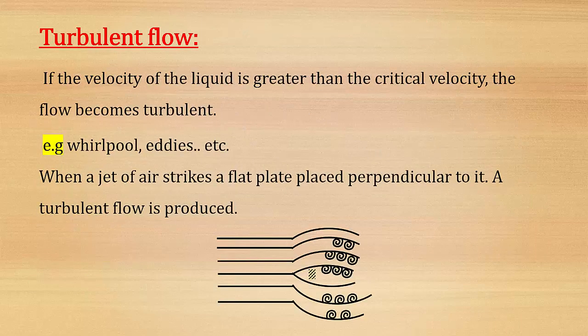Now come to the second type of hydrodynamics, that is turbulent flow. If the velocity of the liquid is greater than critical velocity, then the flow becomes turbulent. If it is less than critical velocity, it is always a streamline flow.